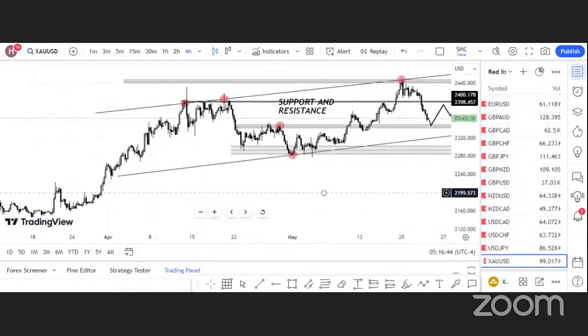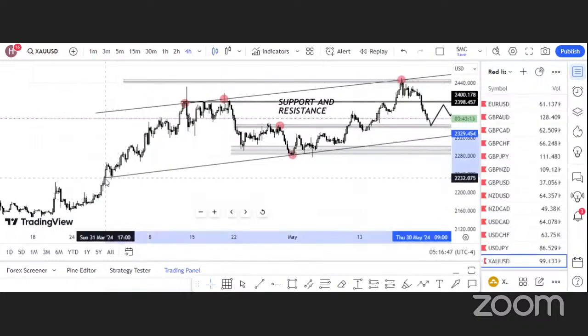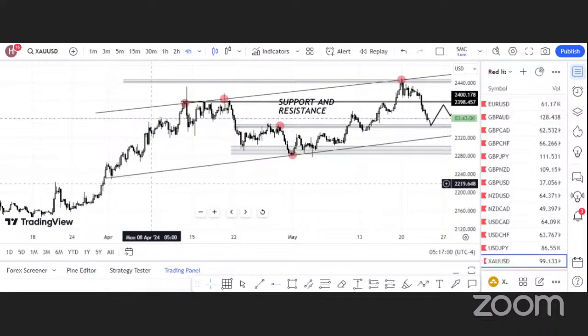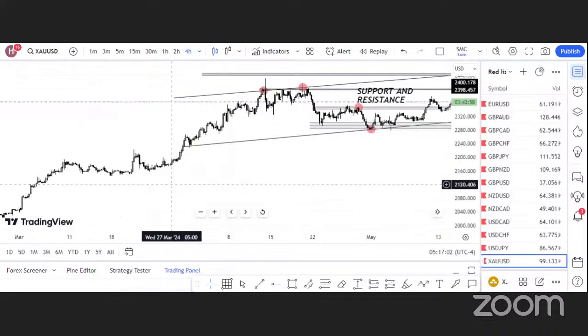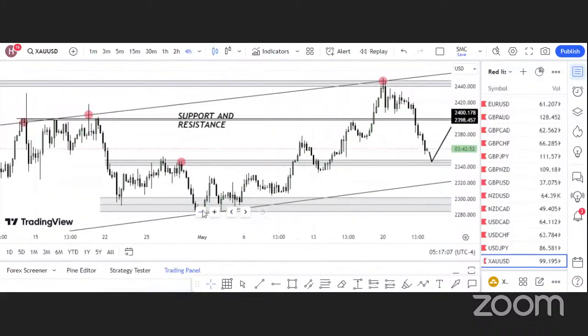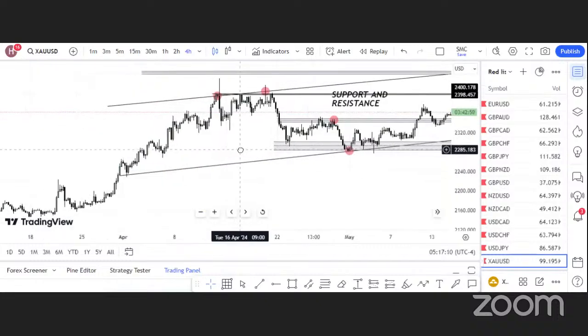So right now we have this level where the market reversed from. So it's a very small reversal, but it's still a reversal. It doesn't matter how small the reversal is, as far as the market made a retest or pullback, it means we have a support or a resistance on that level.